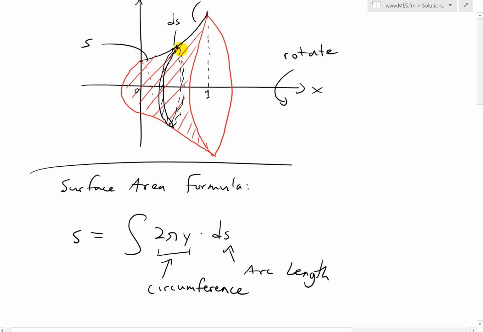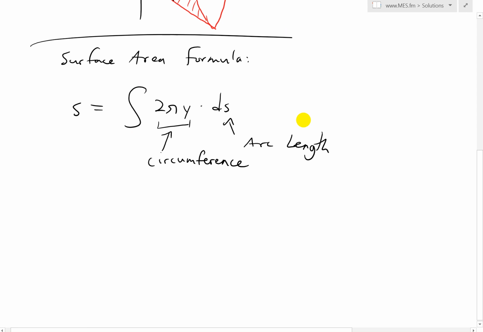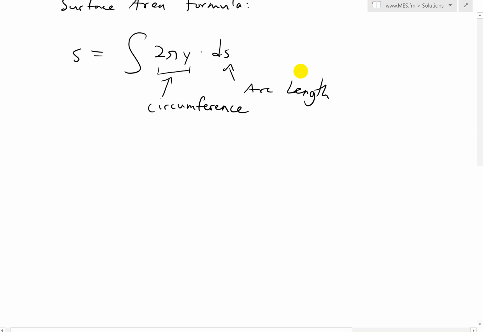The surface area of this section is going to be, well, the radius is y across like this, so the circumference is just 2 pi y, and then we multiply by ds, this thickness across, to get the surface area. Then we use the integral to sum it up over the interval that we are looking for.